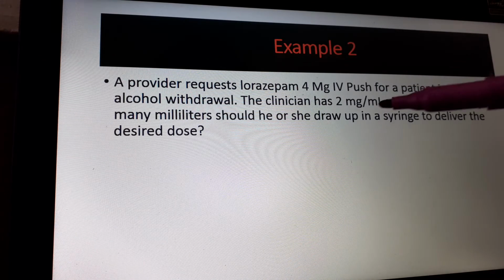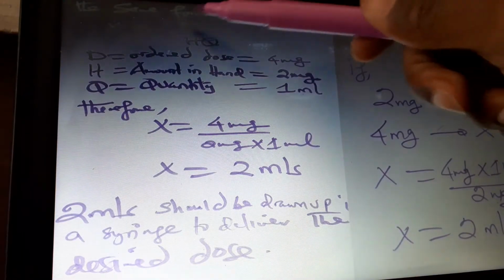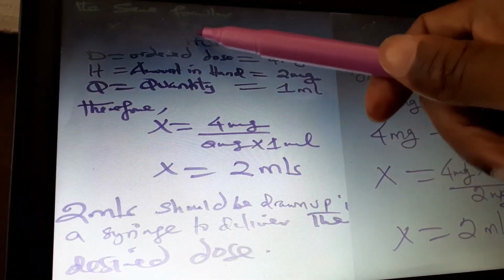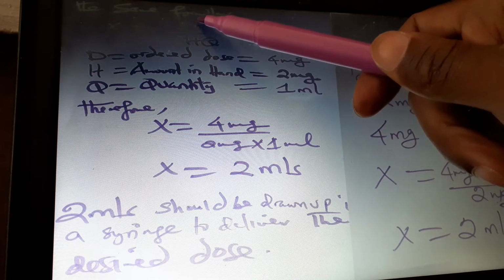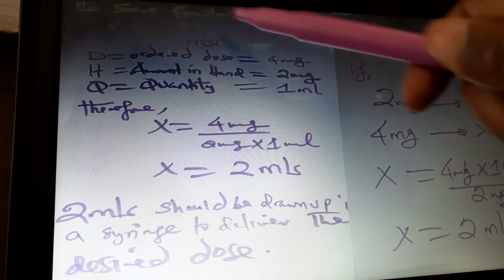Here now the same formula will be applied, which is X is equal to D over HQ, D being the ordered dose, H the amount in hand, and the Q.